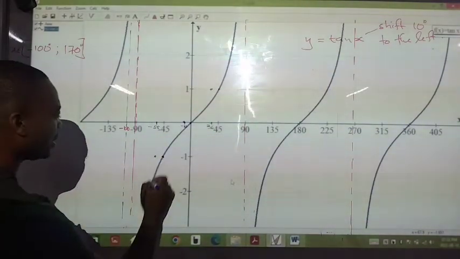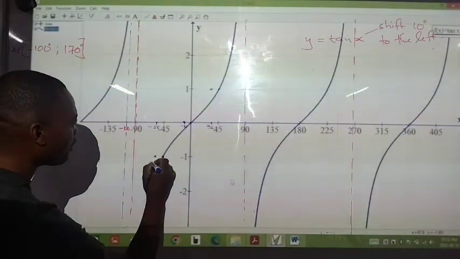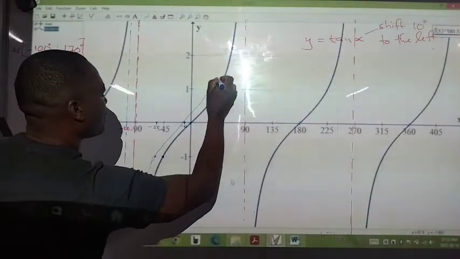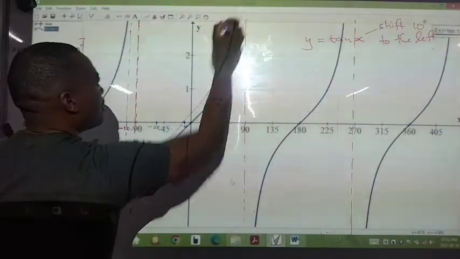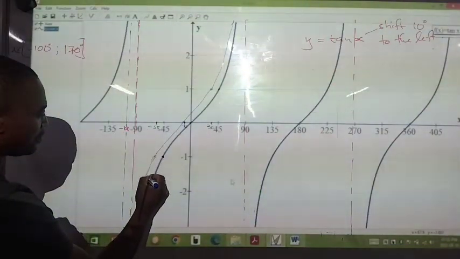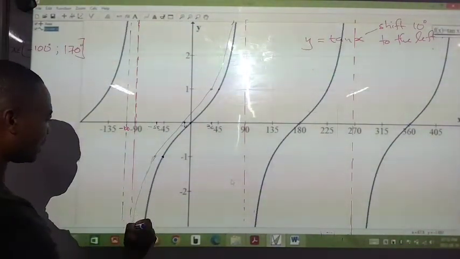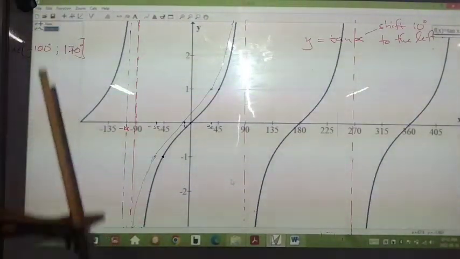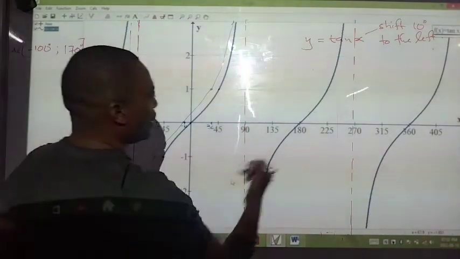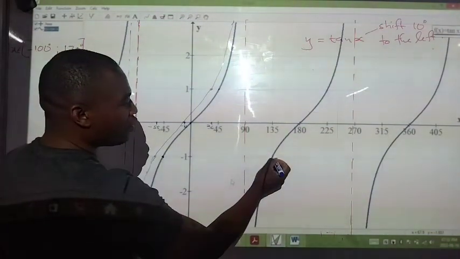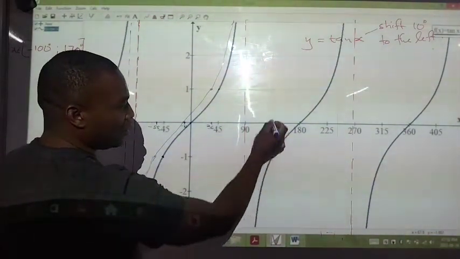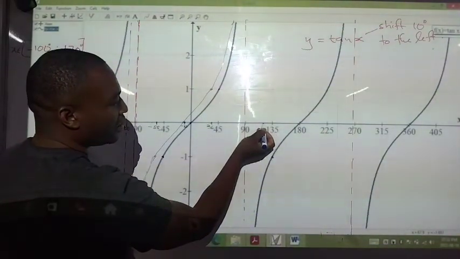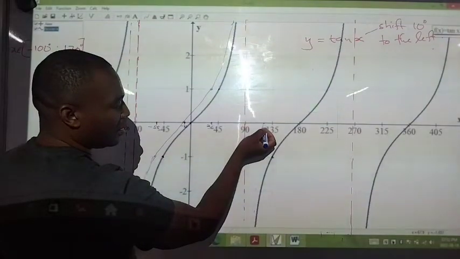So we are saying we are going to have our graph moving towards the blue asymptote. Here we have this strategic point, which is 135 degrees, -1. We move it 10 degrees to the left.